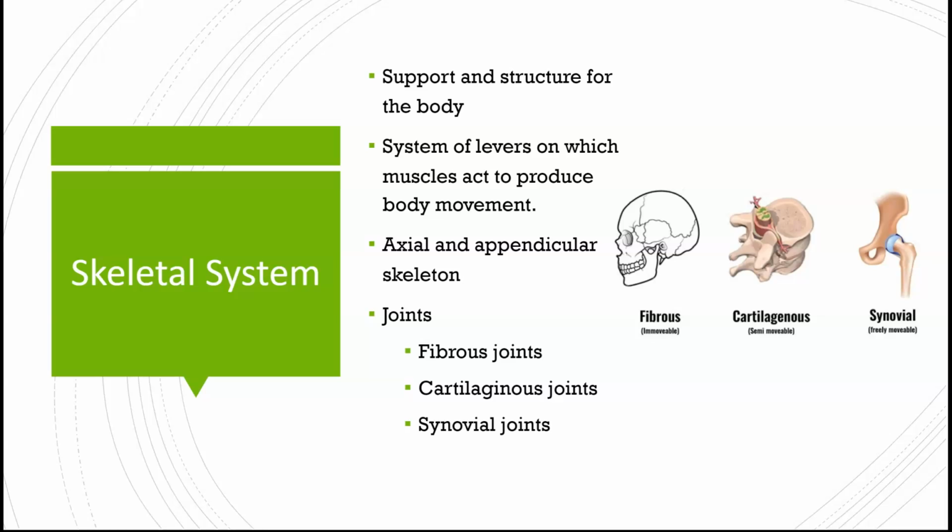Your skeletal system provides all of the structure for your body. If we did not have a skeleton, we would be weird, amorphous blobs that kind of squiggled around. The way our body works in terms of movement is a system like levers and pulleys, right? So you have muscles that counteract each other.